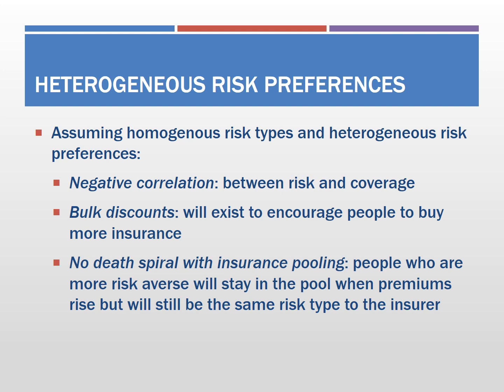Well, in this case, a general solution to this assumption is that a negative correlation between risk and insurance coverage will be formed. Instead of bulk markups, usually bulk discounts will exist in order to encourage people to buy more insurance in the market. And also note that a spiral with insurance pooling will exist.